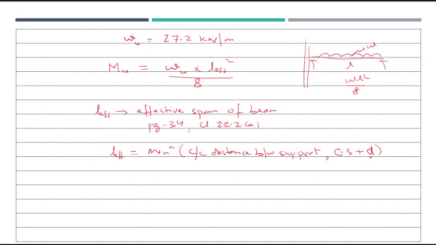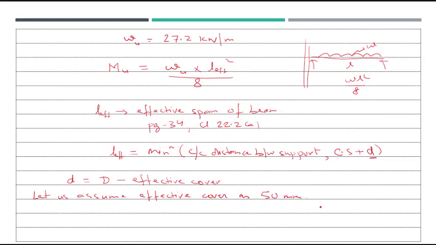Here you want to know the effective depth of the beam. So what will be the effective depth of the beam? Effective depth of the beam will be overall depth of the beam minus effective cover. Let us assume effective cover as 50 mm.